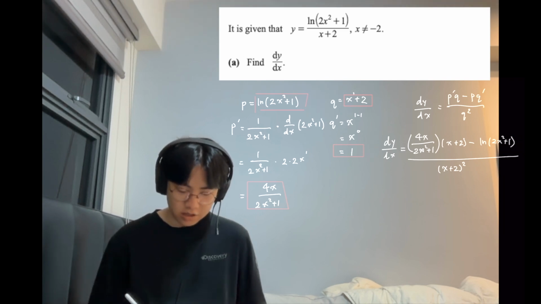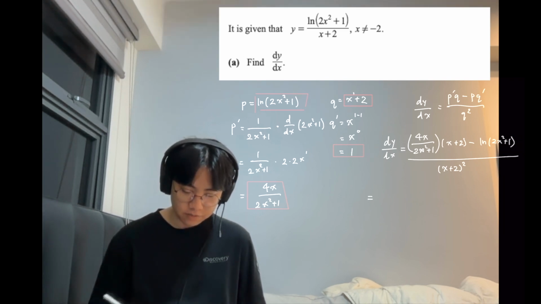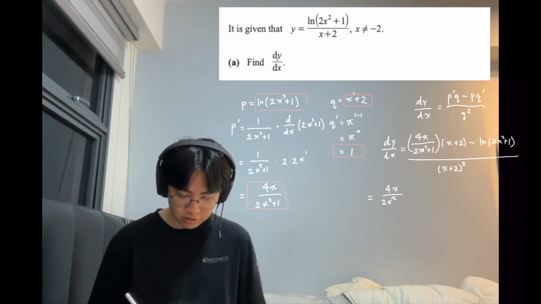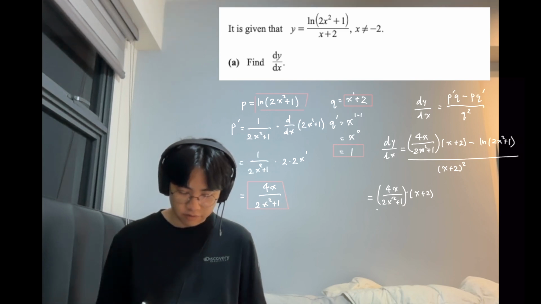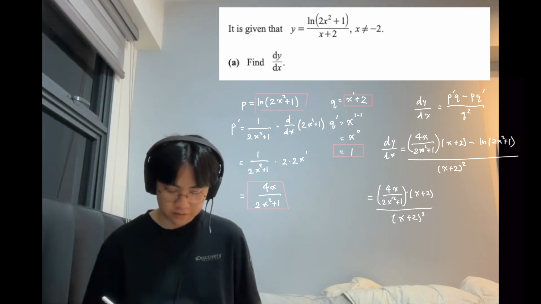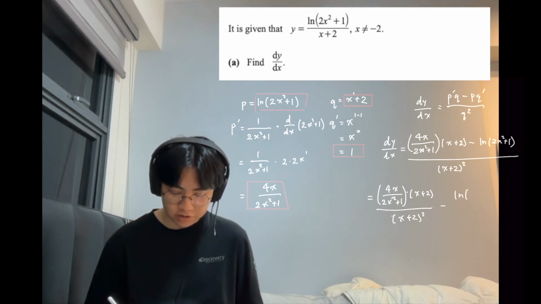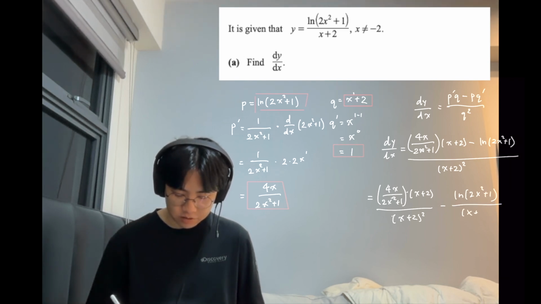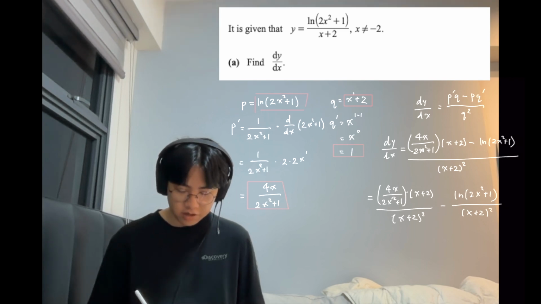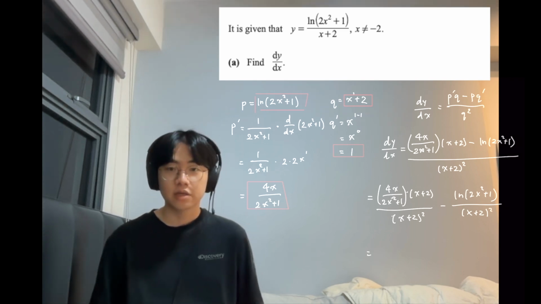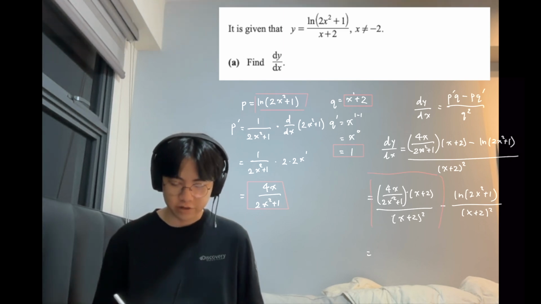So this is the same thing as 4x over (2x² + 1) times (x + 2) over (x + 2) squared, and then minus the thing on the left-hand side, which is ln(2x² + 1) over (x + 2) squared. If you notice, there is a common factor in the left-hand side fraction, right?